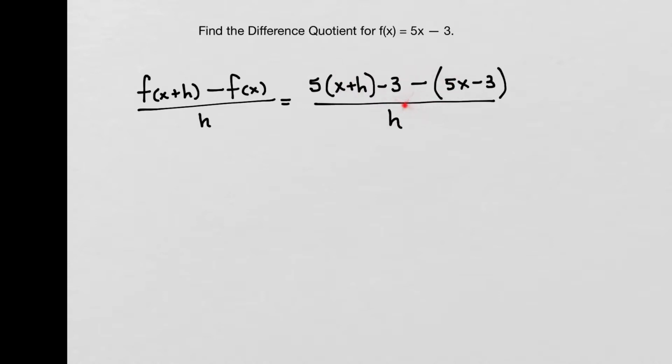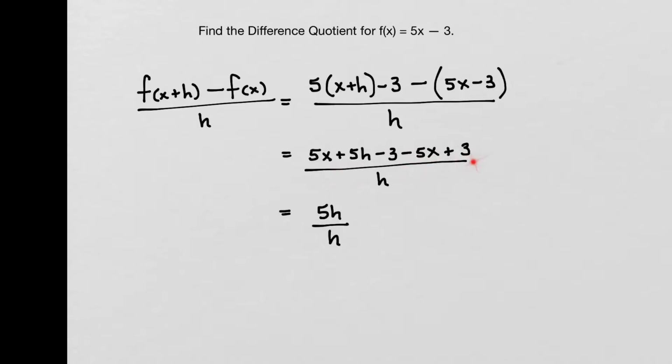Now I'm going to go through and simplify this just using the distributive property and combining like terms. So when I distributed, I got 5x plus 5h minus 3 minus 5x plus 3, and that's all over h. Now I can combine like terms, 5x minus 5x, well those cancel out, and you'll see that a lot with the difference quotient.